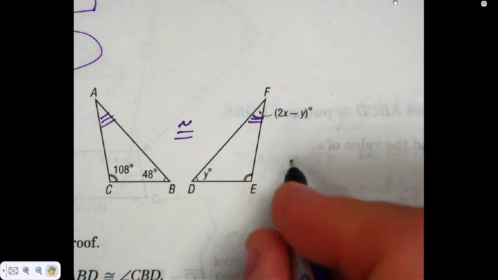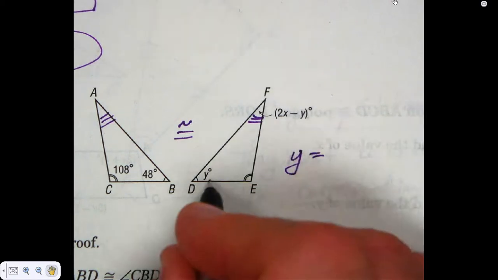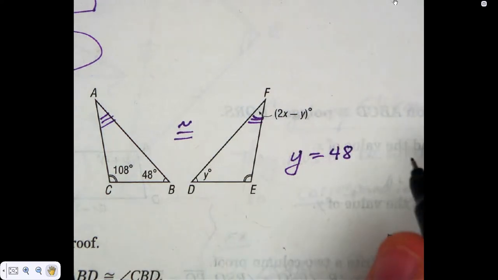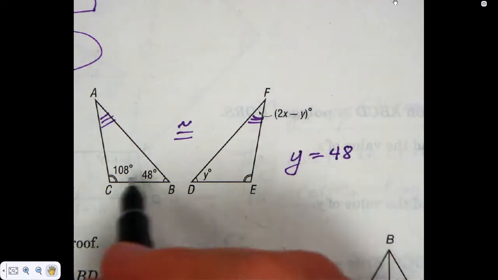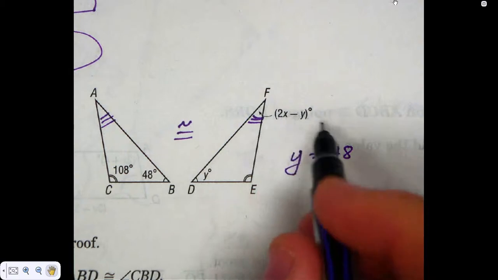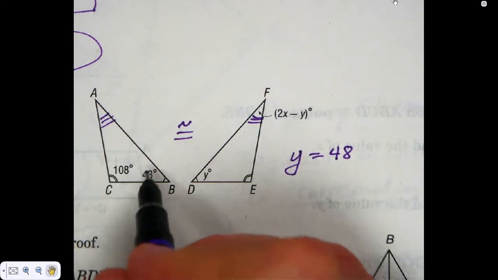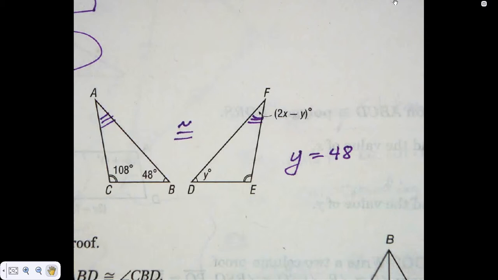So what is angle D equal to? What is y equal to? That was easy. Well, what's 2x minus y equal to? We don't know this one yet, but can we find it? How can I find this angle? What do we know about it? What did we learn in the last section?